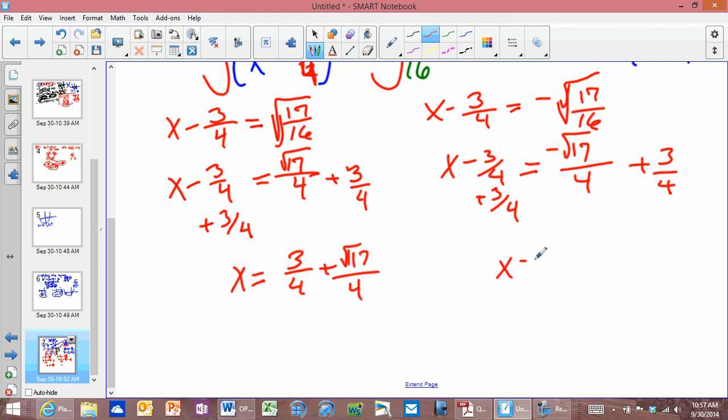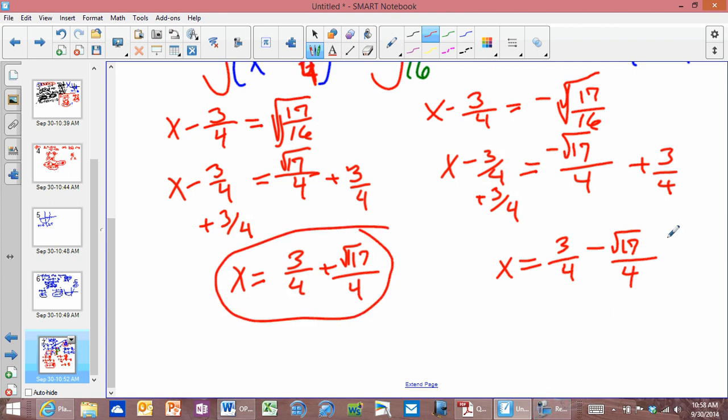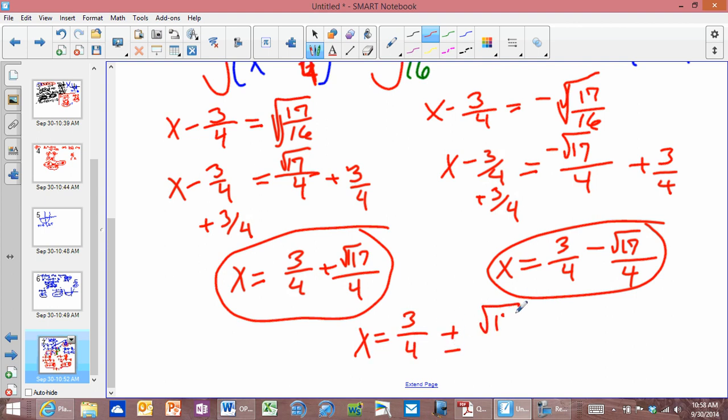And then I have x equals 3/4 minus the square root of 17/4. That is what my two answers are going to look like. I could also break it down one more step and write just one thing down: 3/4 plus or minus the square root of 17/4.